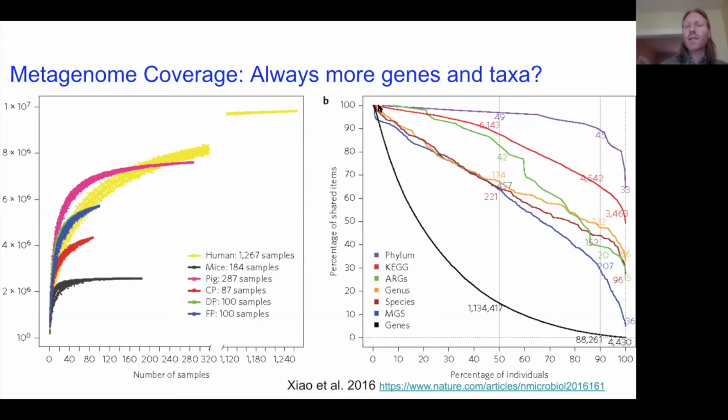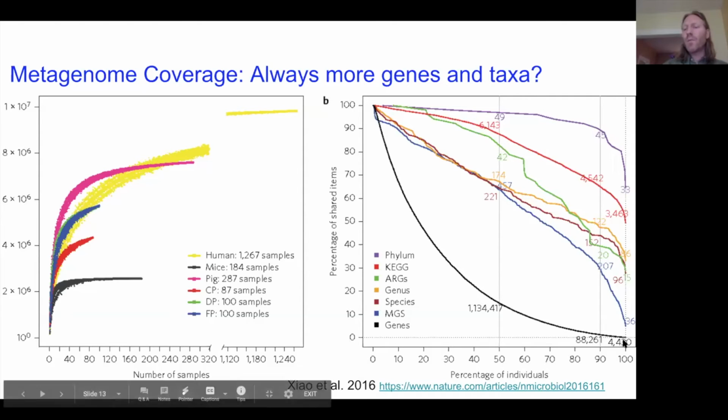So you can see that the same phyla in this purple line at the top, as you sequence more samples, there are fewer that are present in every single sample. Whereas if you're looking at genes, there's a rapid decline as you sequence more samples. So there's only a few genes that are present in every single one of these samples.